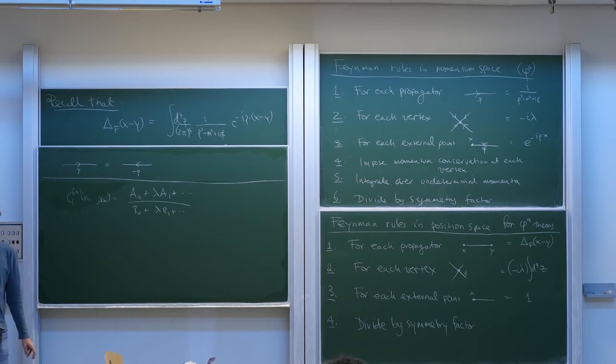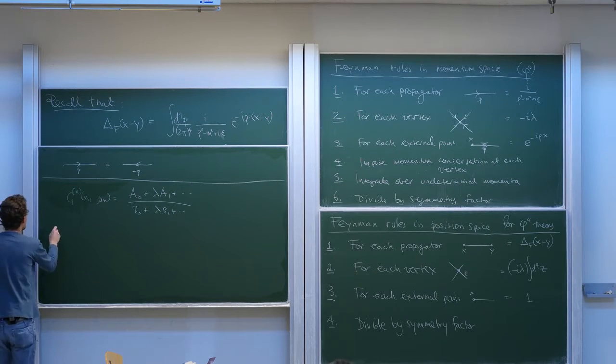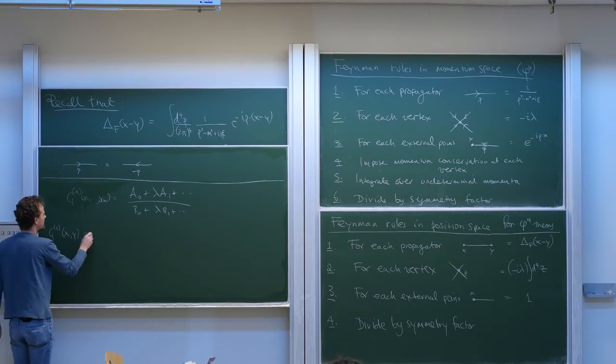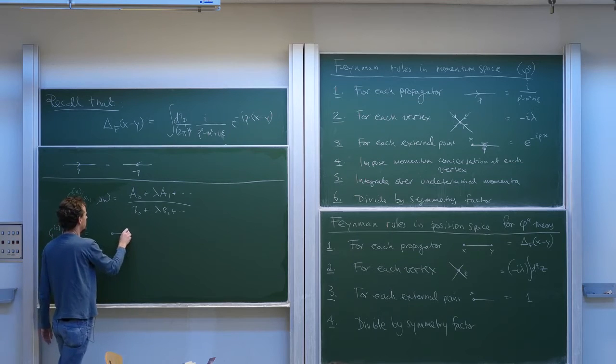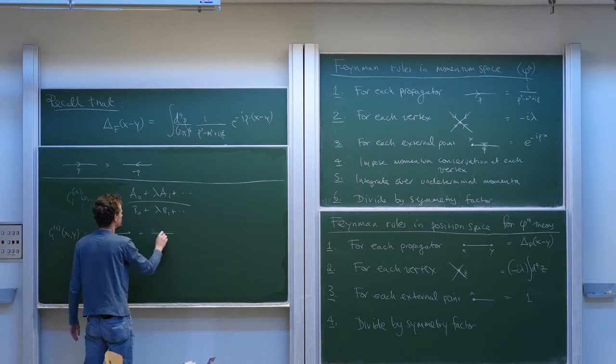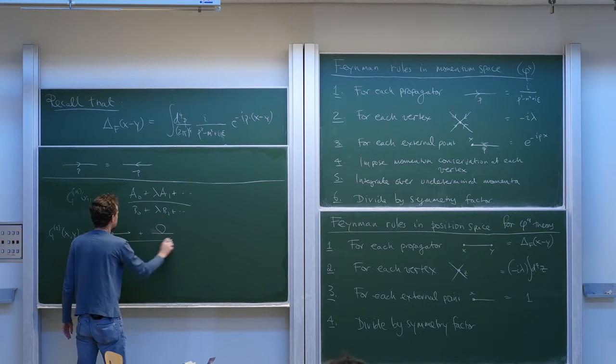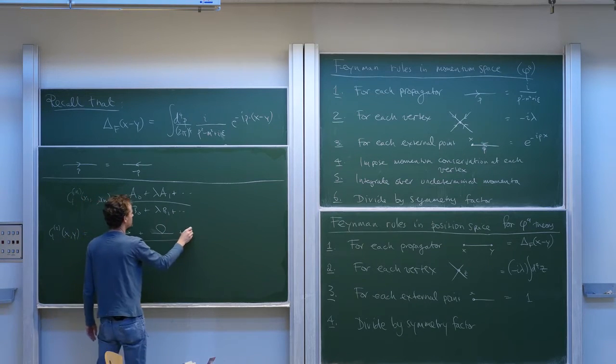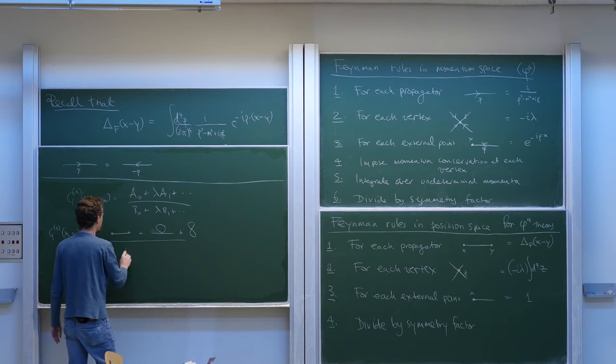In the previous lecture, we did this calculation all to order lambda, and we observed a somewhat mysterious cancellation, right? So we had this guy plus this guy plus that guy.